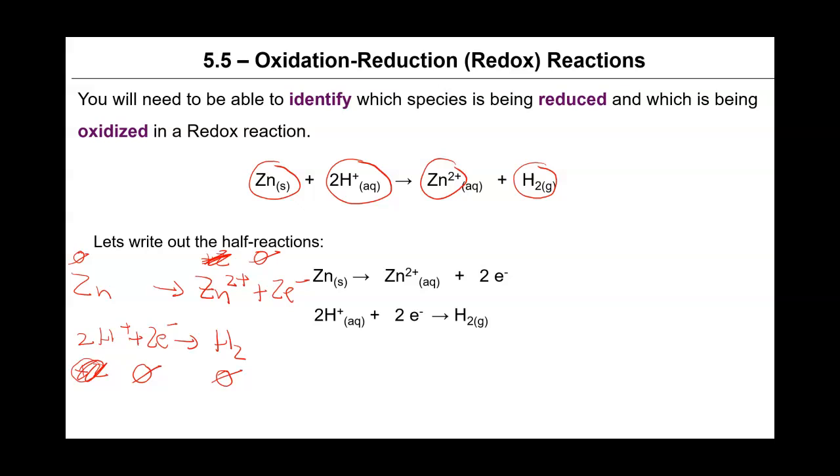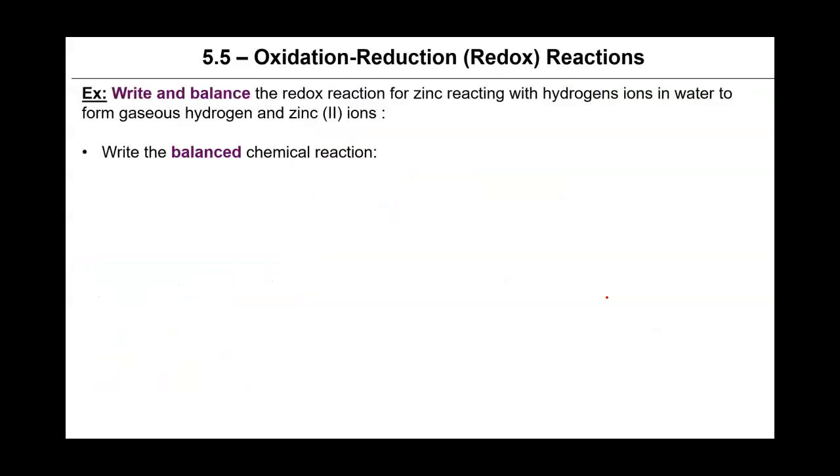So what we want to recognize here is that one reactant is losing electrons and the other reactant is gaining electrons. And if you recall, the reactant that is losing electrons is being oxidized, and the reactant that is gaining electrons is being reduced.